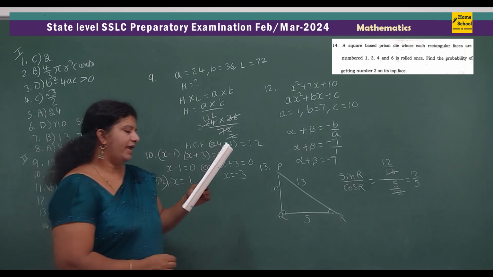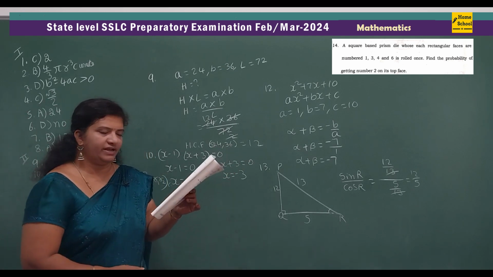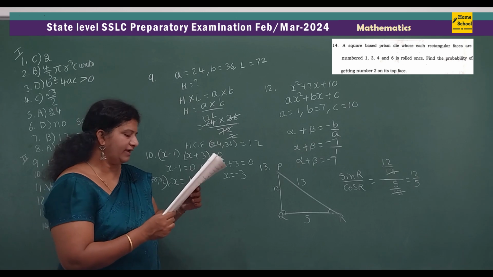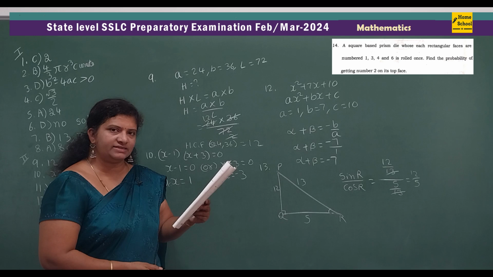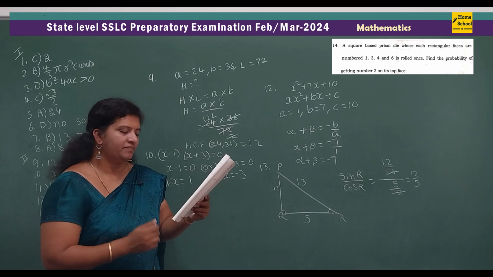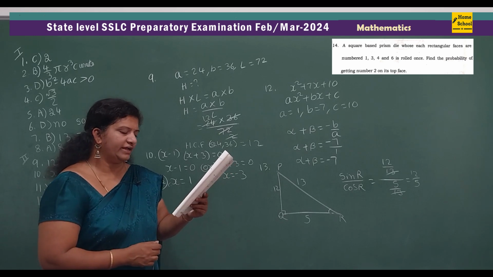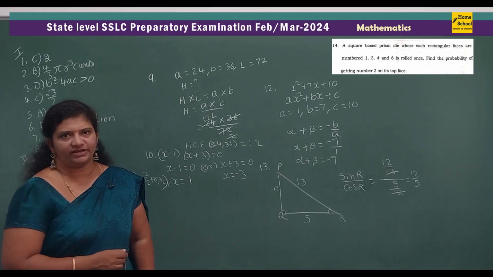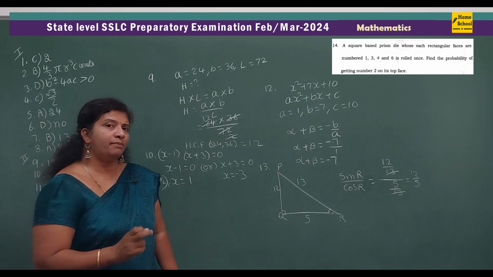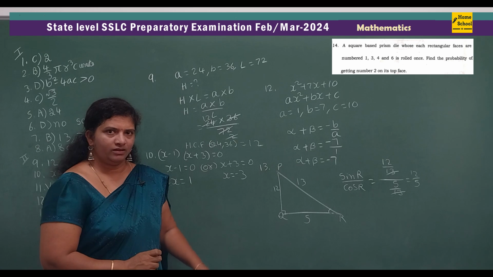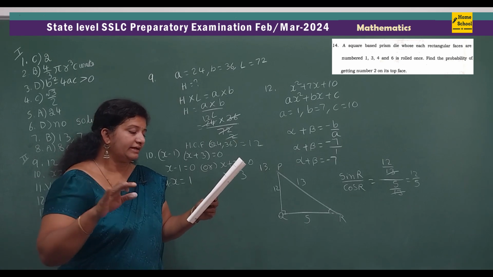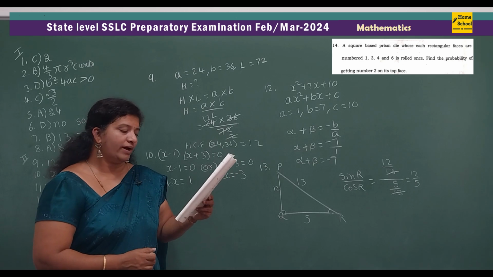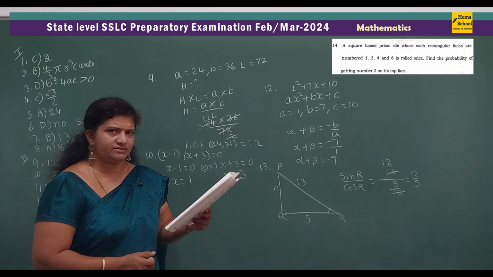14th one, a square based prism die whose rectangular faces are numbered 1, 3, 4 and 6 is rolled once. Find the probability of getting number 2 on its top face. Square based prism, okay, whose rectangular faces are numbered 1, 3, 4 and 6.